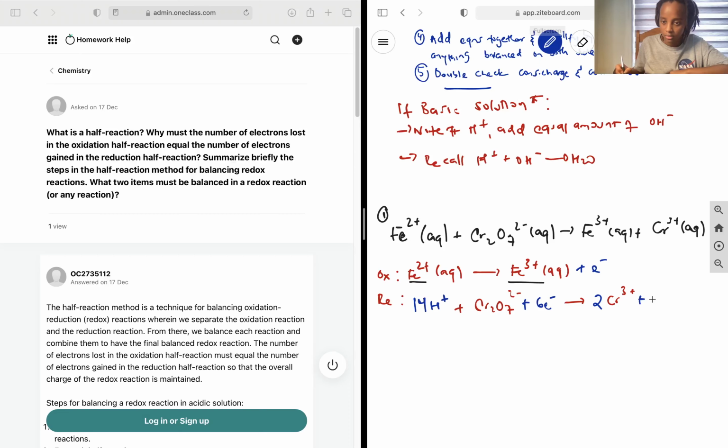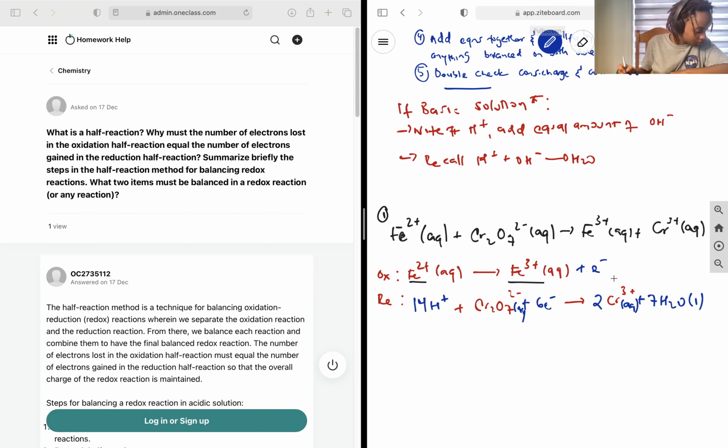Remember, we multiplied it by 2 and added 7H2O, liquid, aqueous.